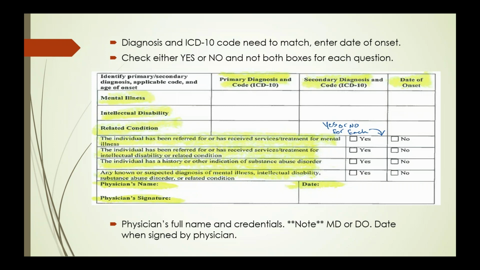Now this is really important here on the PASRR. We'll get the signature and we'll get the date of the physician's signature. However, what we won't get is the physician's full name or credentials. What we have had in the past is just the last name, like Dr. Smith.